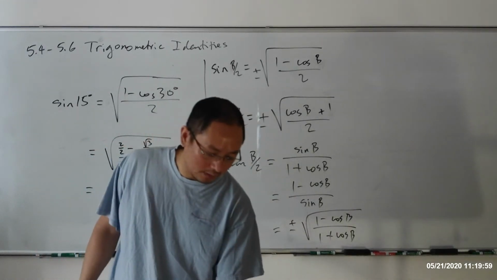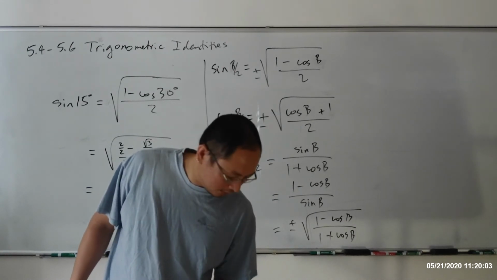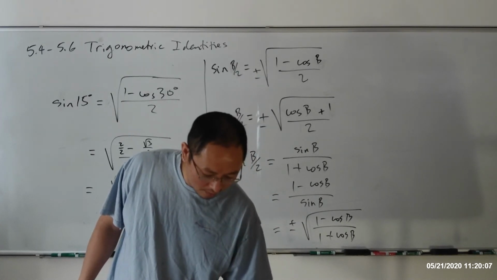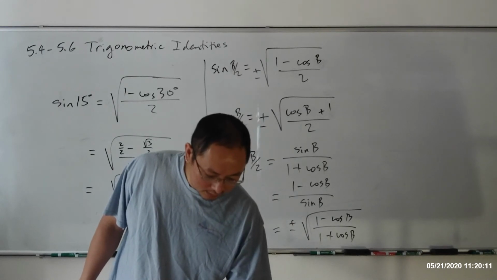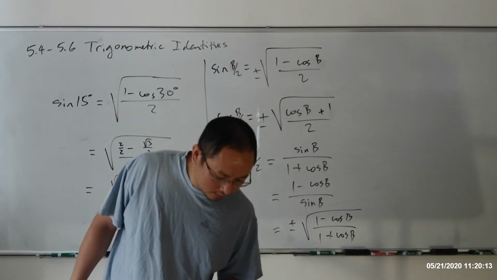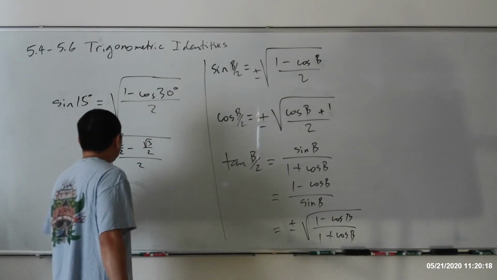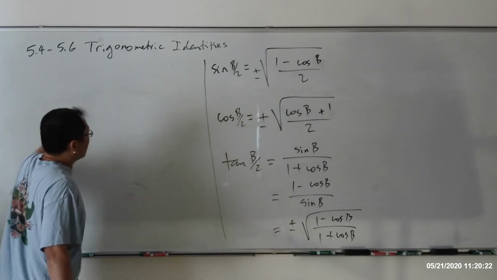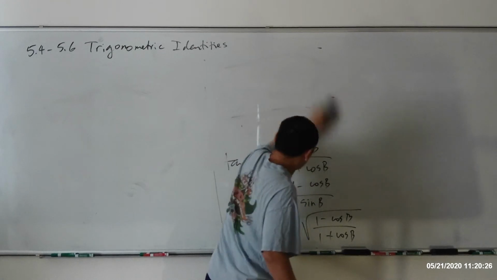Let's try another one. Look for a trig identity then. Find any example that's a little bit more complicated. I don't want to try something too easy. Okay, not hard, but not too easy. I couldn't find anything hard enough, so let's try something medium.